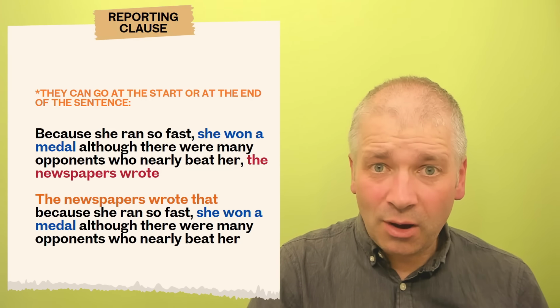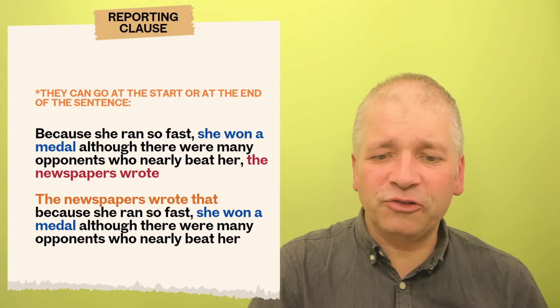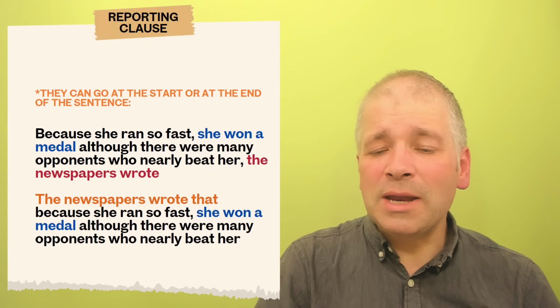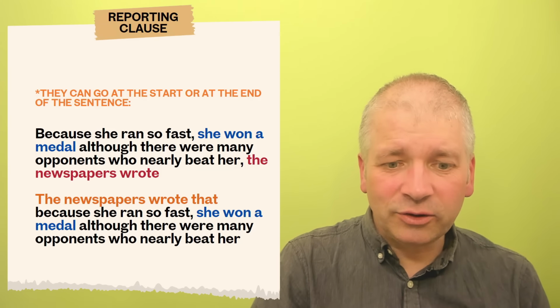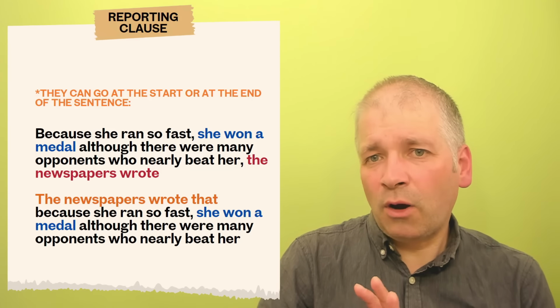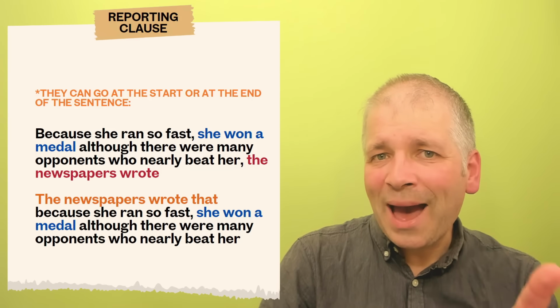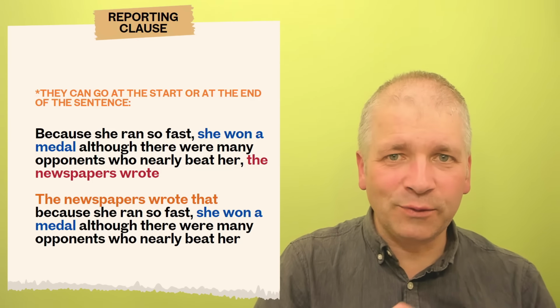If we put it at the start, we could say this. The newspapers wrote that because she ran so fast, she won a medal, although there were many opponents who nearly beat her. Here we use that to join the reporting clause to the rest of the sentence we've developed, and we'll come back to that at the end of the video, so wait for that.